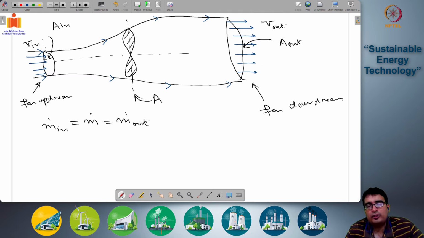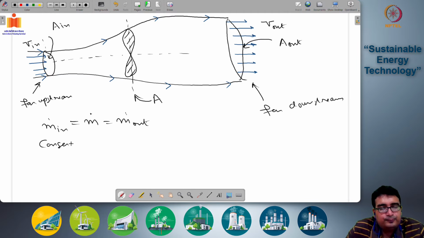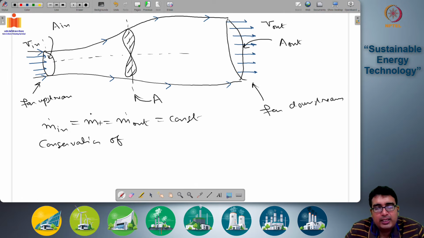Correct. So the total mass through the swept blade area is equal to total mass at the exit far downstream of the blade area. So by conservation of mass, all of this m dot in equals m dot out must be constant, because no mass is being lost in the system.